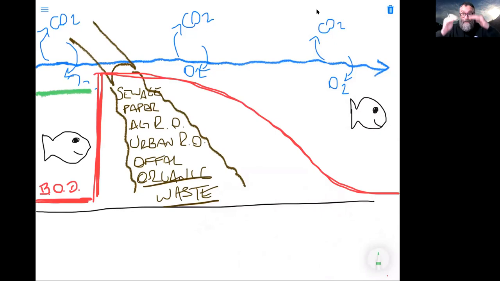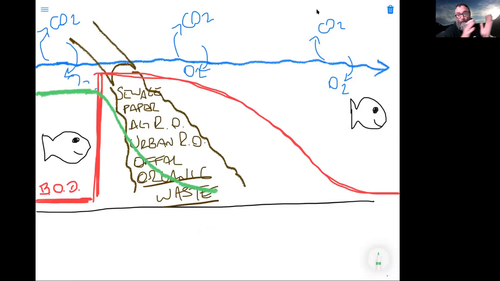If you have low demand for oxygen, then you're going to have a lot of oxygen left in the water. As the microbes start to use up more oxygen, then levels will drop. Right? Because they're doing stuff, so they're going to start to lower the oxygen left in the water.